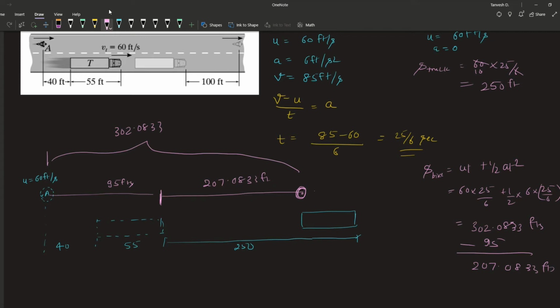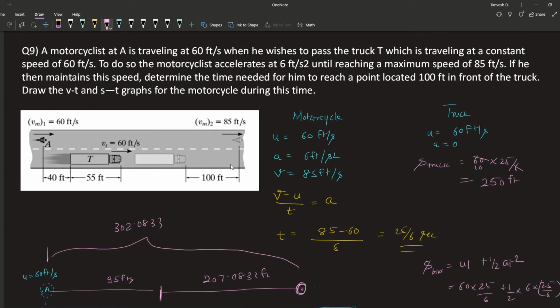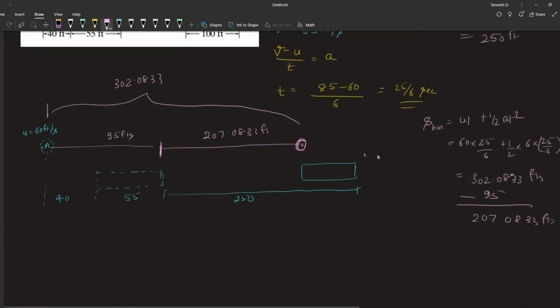Right? Now the bike has to go 100 feet ahead of the truck, so it wants to reach 100 feet ahead of the truck. How much distance does it have to travel further to reach 100 feet ahead?